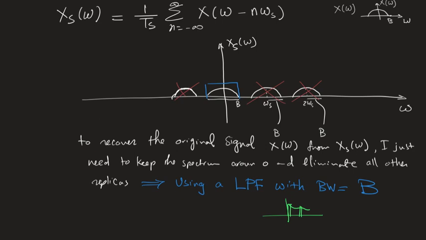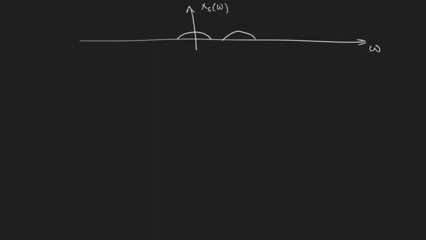So let's start with that replica thing: X s of omega as a function of omega, and we have those nicely selected guys to be easy to graph. So this happens at omega s, this happens at 2 omega s, this happens at 0, this happens at minus omega s, and so on, right?